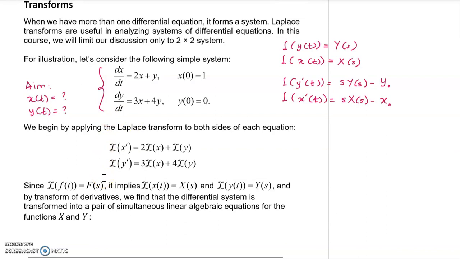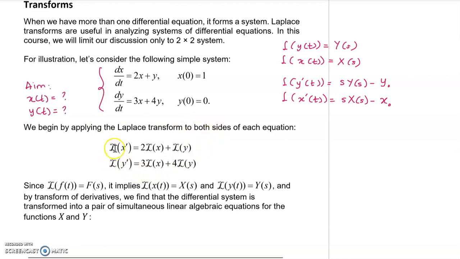So you can expect the amount of work will be a bit longer for a system. All right, so we begin by applying the Laplace transform. This is basically your first step, applying the Laplace transform to both sides of each equation.